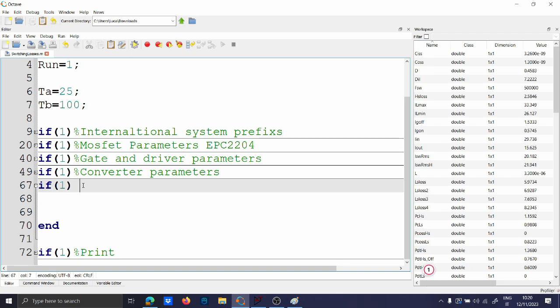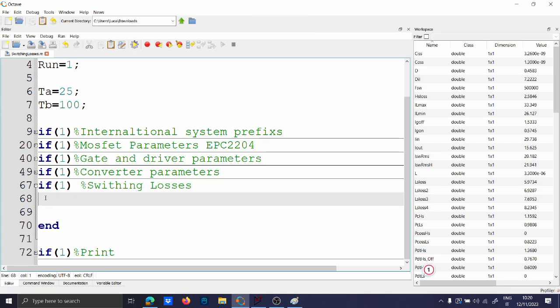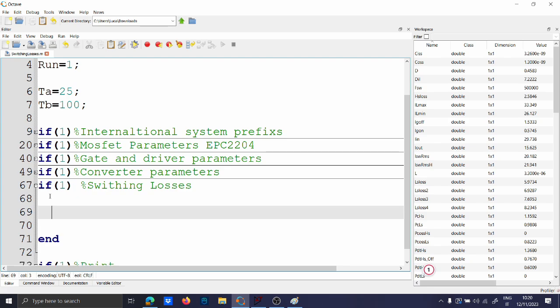And now this is instead the conduction losses, switching losses in general. First, let's calculate the conduction losses. The conduction losses are given by the resistor. So PC low side is equal to RDS on hot times I switch RMS square.